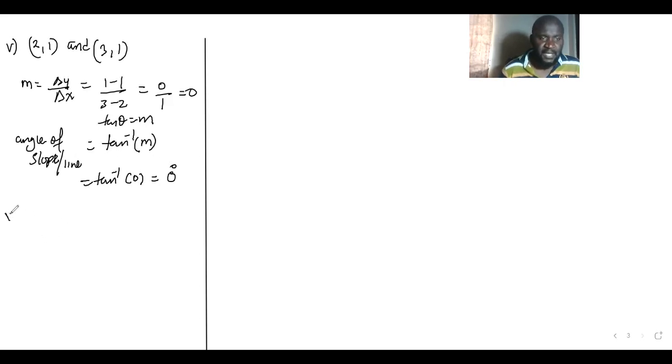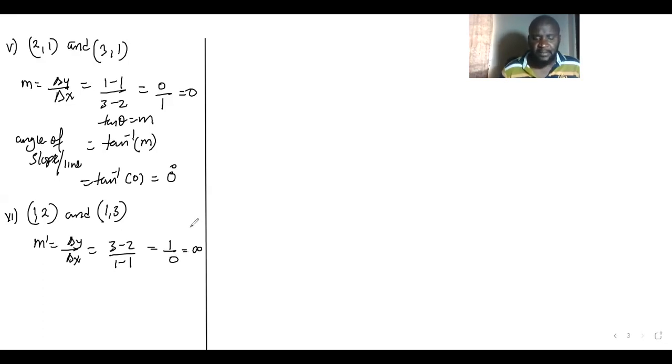Whereas if they give you this other one, for example, (1, 2) and (1, 3), then you get the gradient as change in y over change in x, which is 3 minus 2 over 1 minus 1. And then you'll get an answer of 1 out of 0, which is undefined, or infinity.